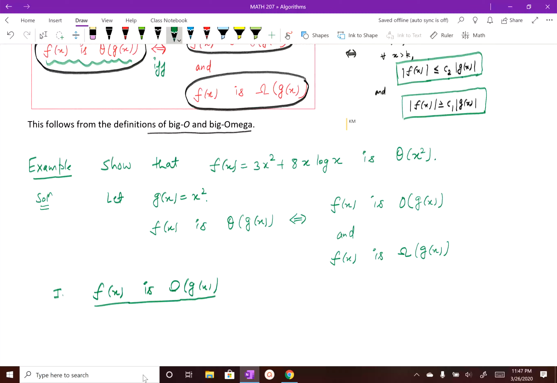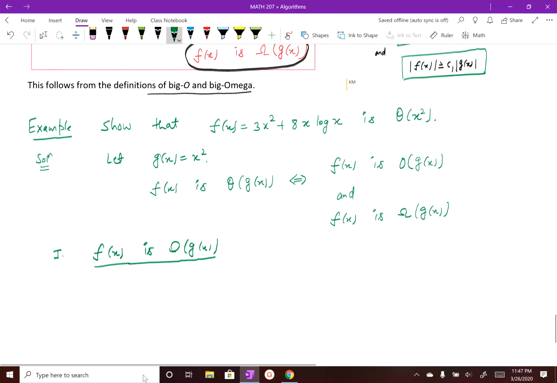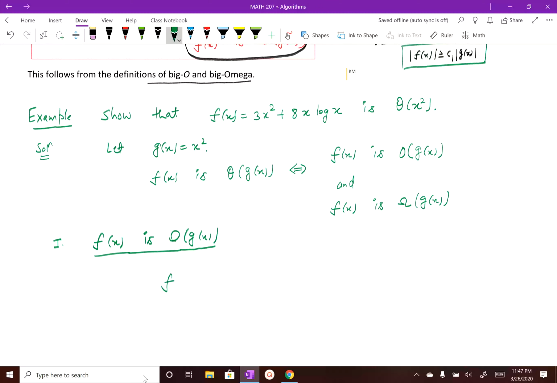Okay, so my f of x is defined as 3x squared plus 8x log of x, which I can easily write is going to be less than or equal to 11 of x squared, and this is true for any x greater than 1, since my x log of x is less than or equal to x squared.